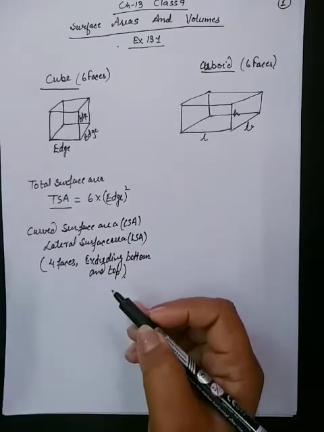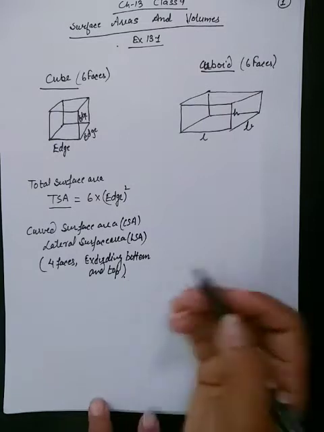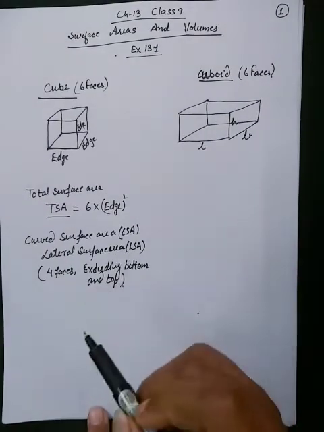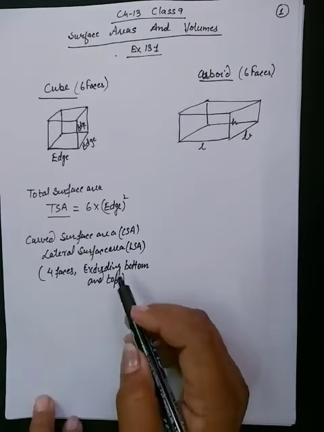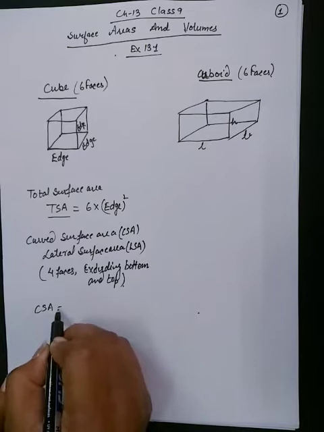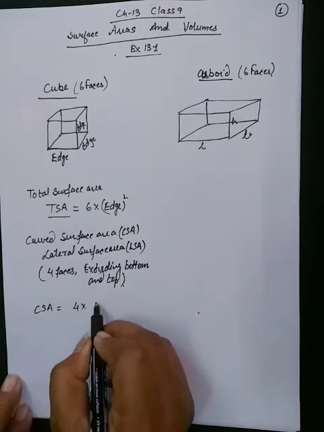Whenever we have to find CSA or LSA, we have to exclude the top face and bottom face of the cube. So CSA will be 4 into edge square.